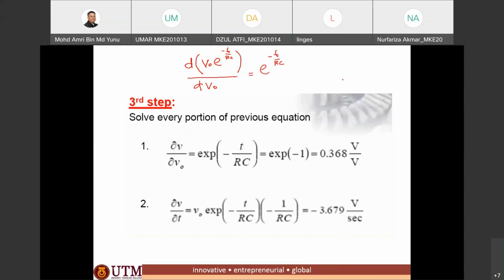Okay, and then we plug in the nominal value of t over RC, so we get negative 1. And then we get the first term value is 0.368 volt per volt. Okay, so that's the result for the first term.